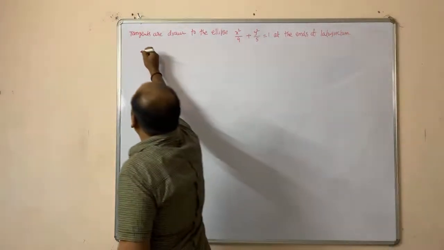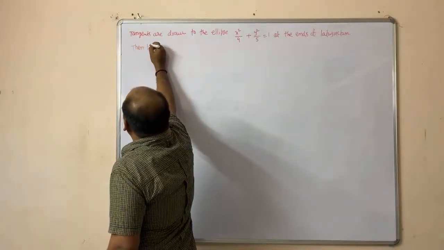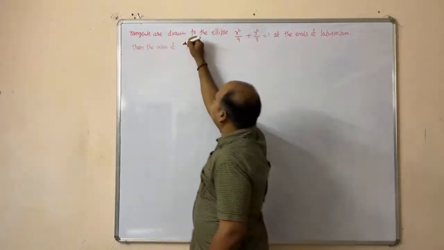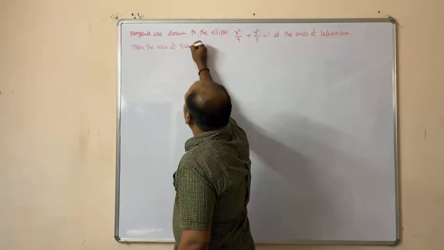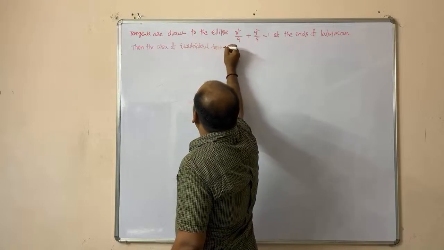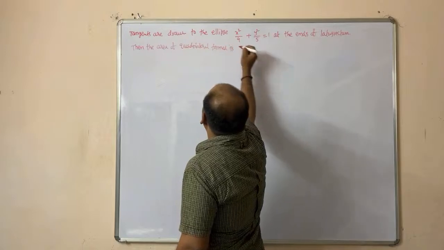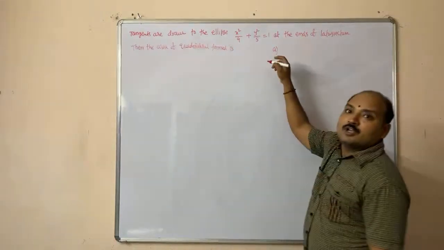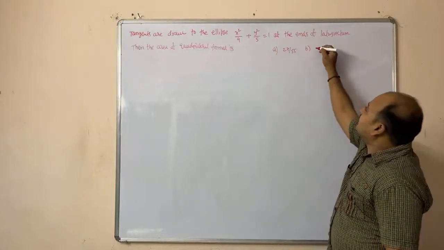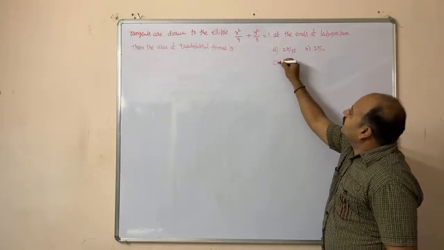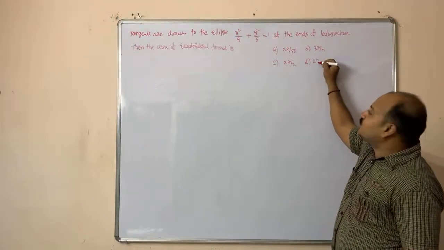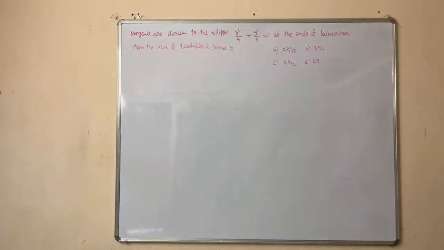Then the area of the quadrilateral formed is: first option 27 by 5, second option 27 by 4, third one 27 by 2, the fourth option is 27. So how to do?